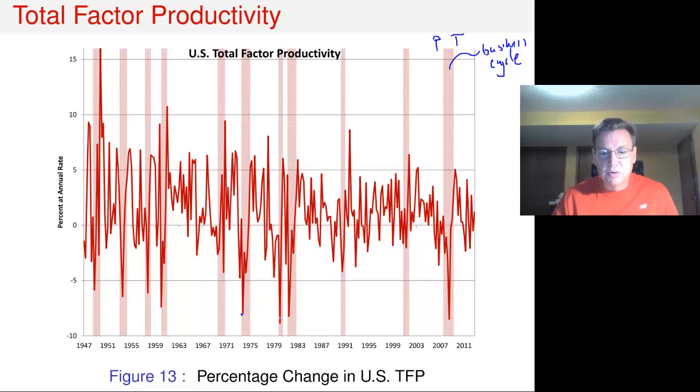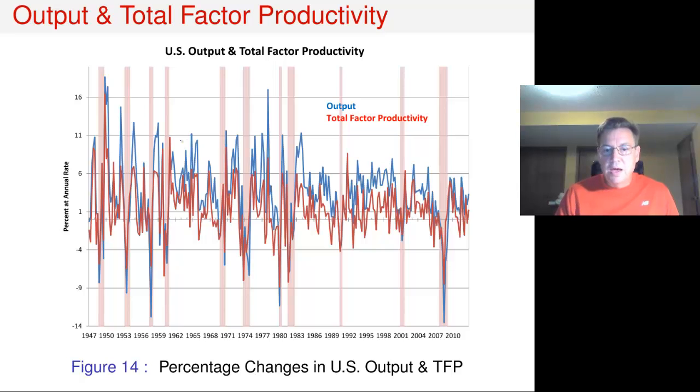Just look along here. And then it tends to rise. Now, this latest recession, it seemed to bottom out kind of late in the recession. But then after the recession is over, you tend to get these kind of big increases in total factor productivity. And of course, as we said, it's quite highly correlated with output.